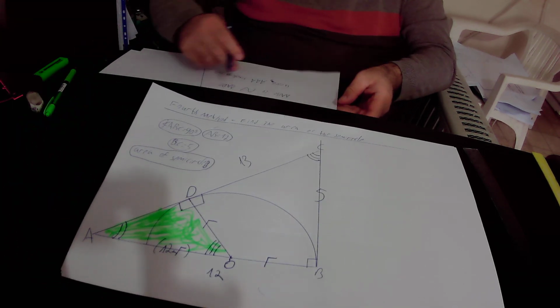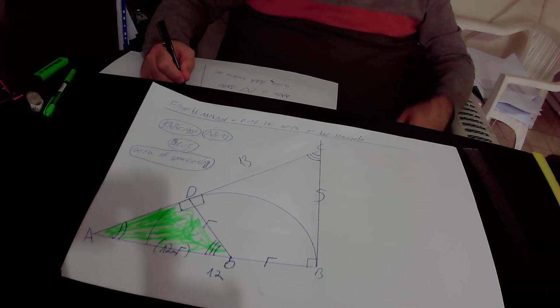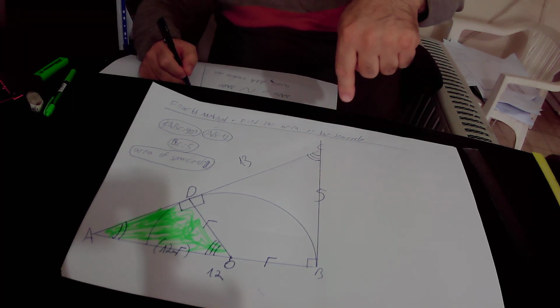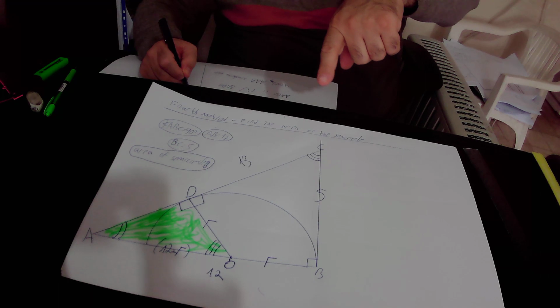And we know that BC equals 5 units. It is given in the question. AC, we have already found out that AC equals 13 units.